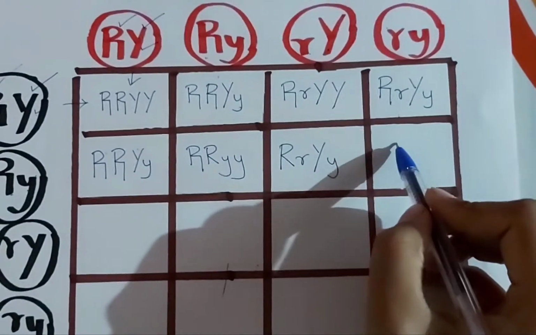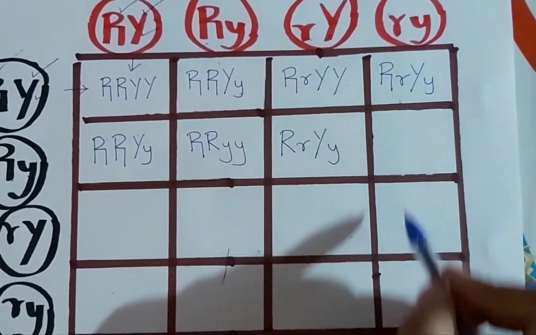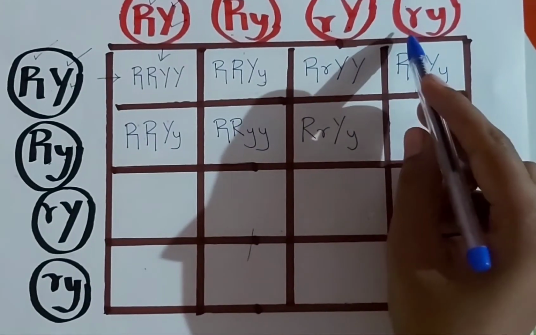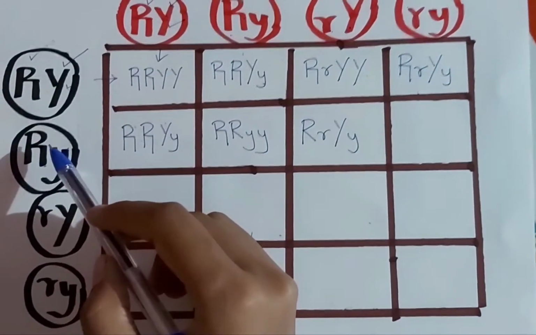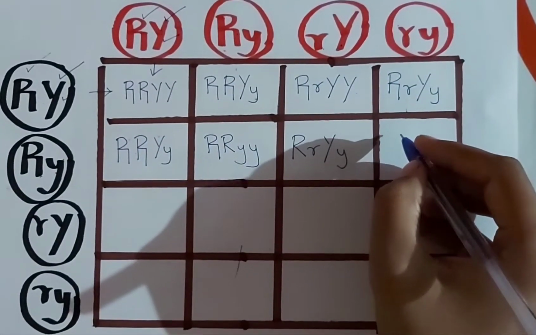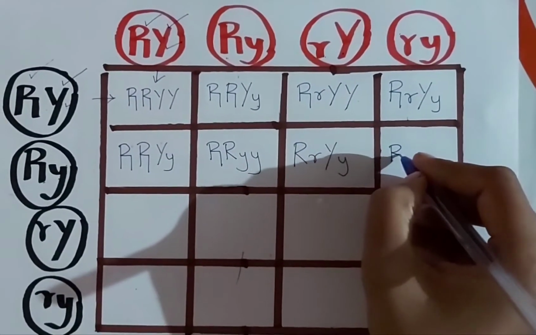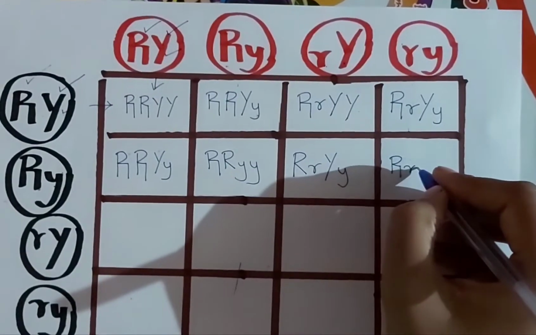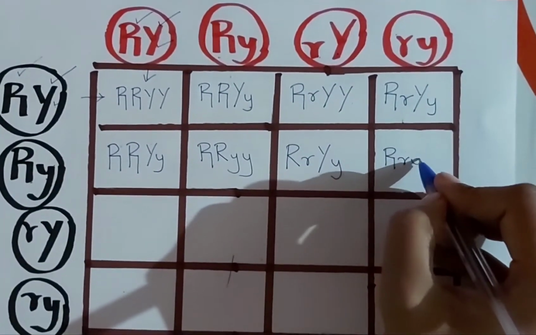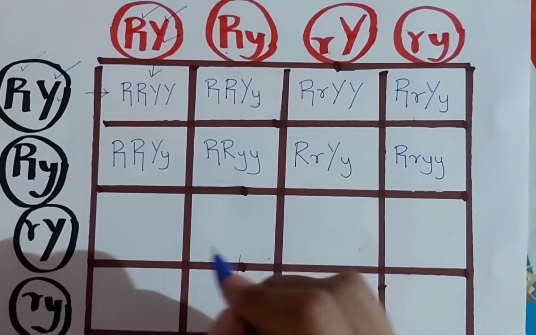Next, this box also comes in this row and column. What is there? Capital R and small r. So you should write first capital R and then small r. Then for Y, both are small, that means both are recessive, so small y and small y.